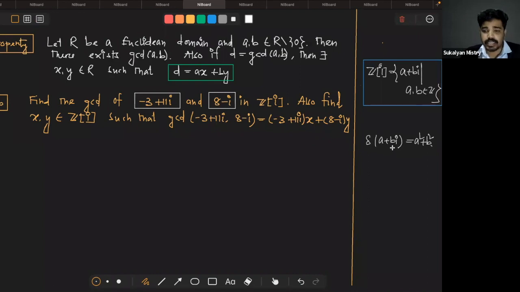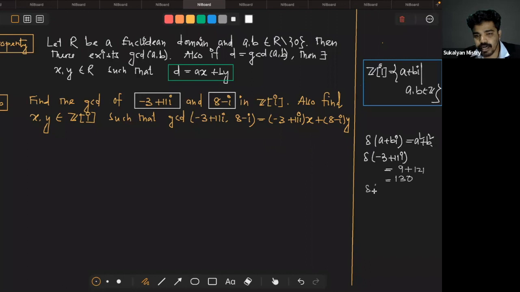In Zi, the Euclidean valuation, that is delta, is defined by delta of a plus bi is equal to a square plus b square. So if you consider delta of -3 plus 11i, you get -3 square, that is 9, plus 11 square, that is 121, so you get 130.